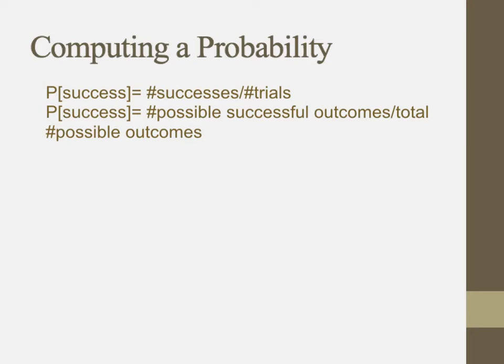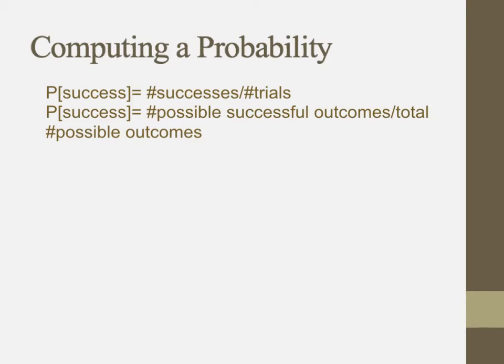So again, if we're thinking about flipping a coin, there are two sides to a coin, correct? We all agree that there's heads and there's tails. And so the possibility of success, if we're saying that heads is a success, there's one head to the coin, right? There's one head. And then the total possible outcomes, you can either get heads or tails. There are two possible outcomes there.